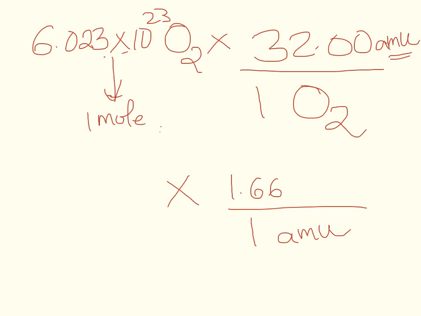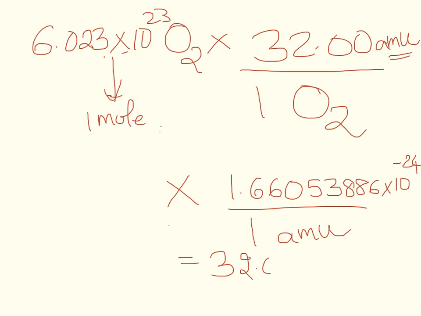Now I'm using more significant figures, and I will tell you why in just a minute: 1.6605386 times 10 raised to negative 24, which will turn out to be 32.00 grams. So what do you understand from here?